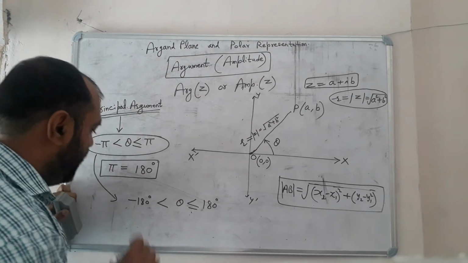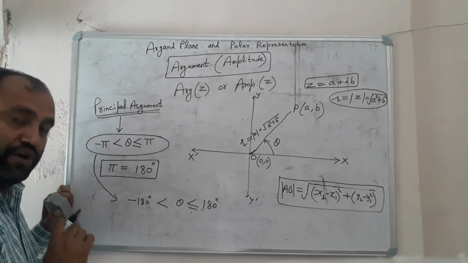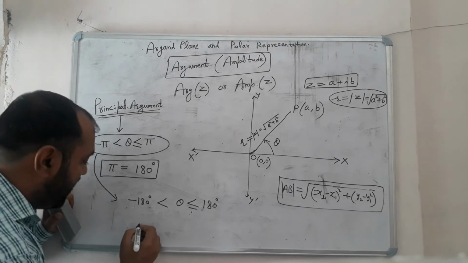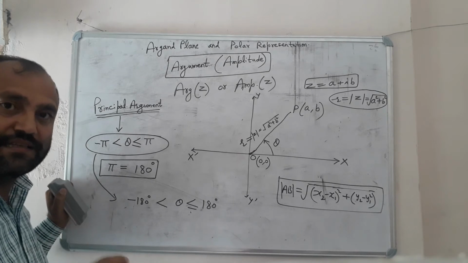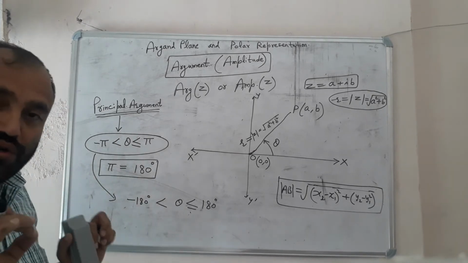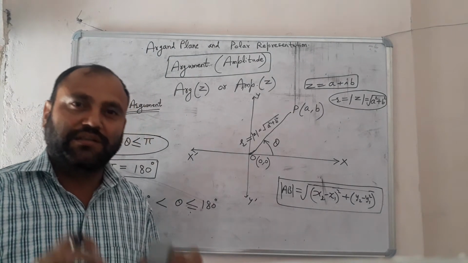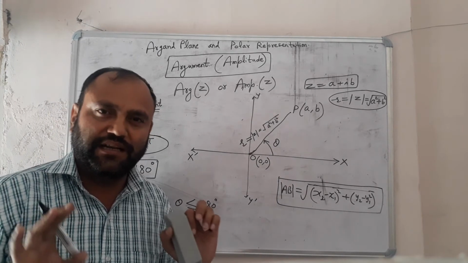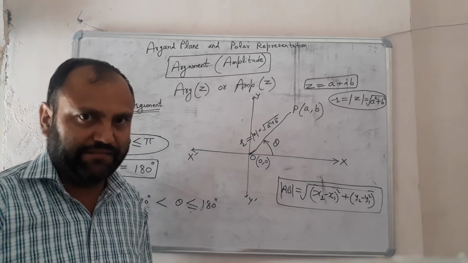Now one more confusion in your mind, why this is minus. This negative sign represents that this angle is in clockwise direction. You should know that in anti-clockwise direction the angle is always positive, and in clockwise direction the angle is negative.